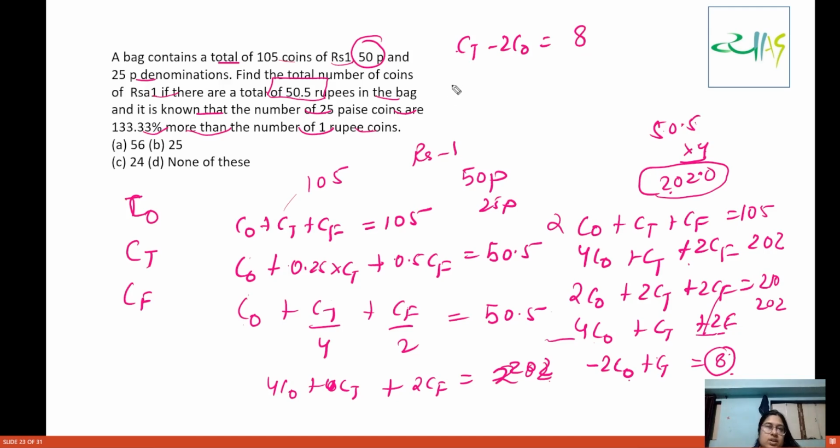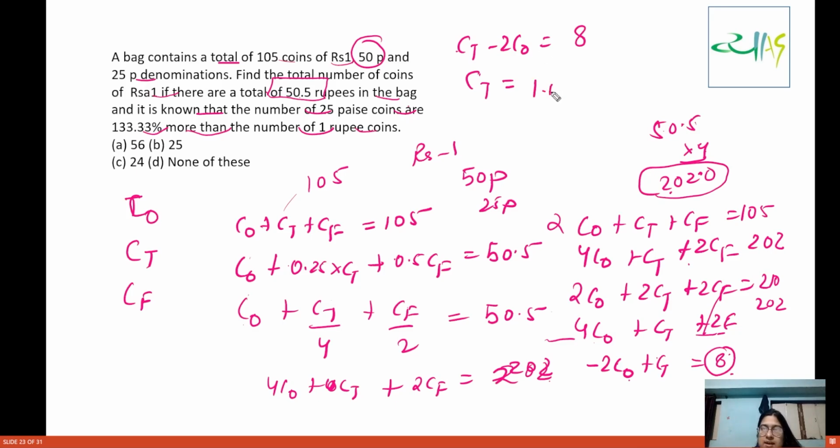Okay, and it is saying that the number of 25 paise coins is 133.33 percent more than the 1 rupee coins.